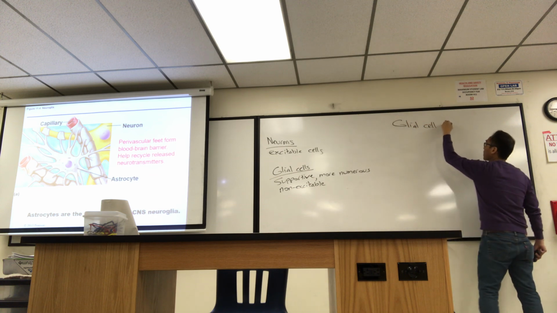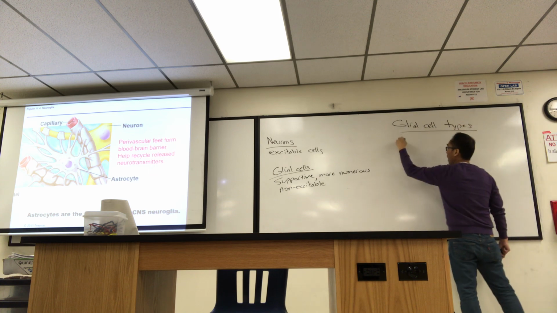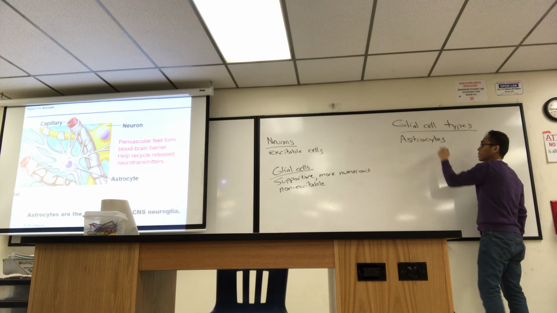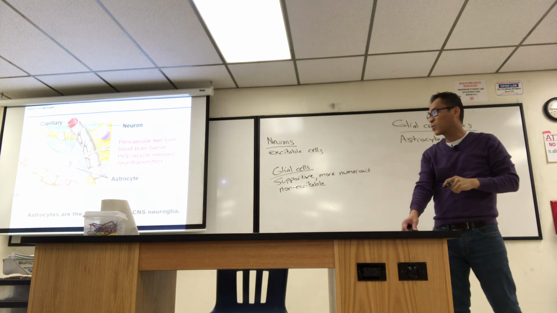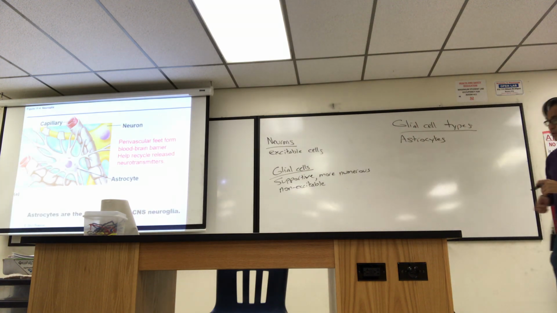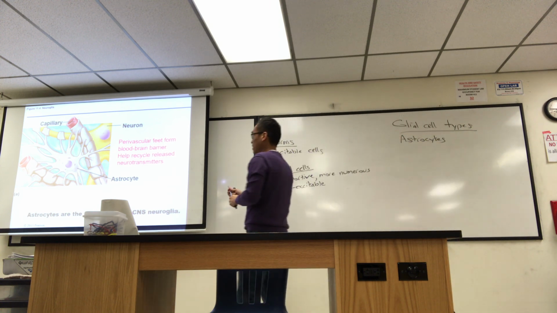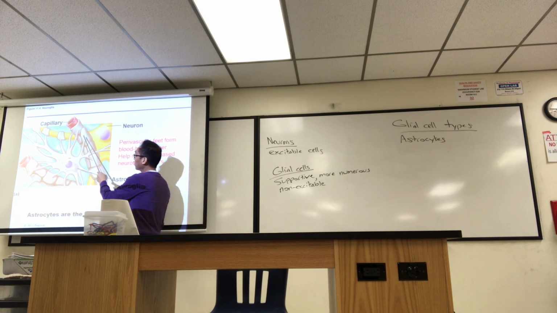So glial cell types. First one, those are astrocytes. They help recycle neurotransmitters, but the first thing I put is the more important thing. They have little processes, they call them perivascular feet, because they wrap around capillaries.